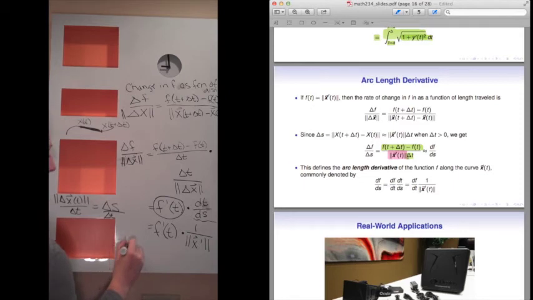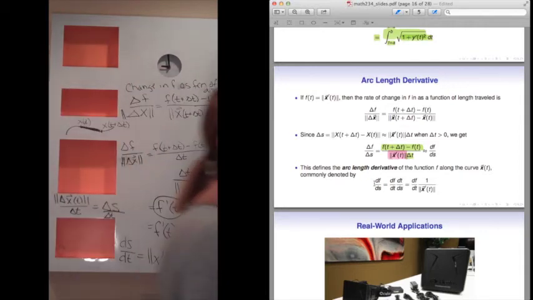So ds dt is equal to the magnitude of velocity. In other words, the total distance that we travel is measured by this change in velocity, or the magnitude of this velocity.